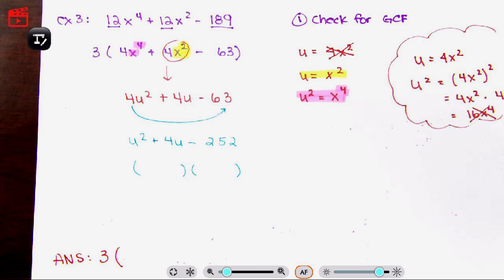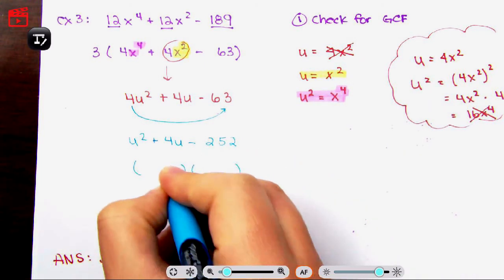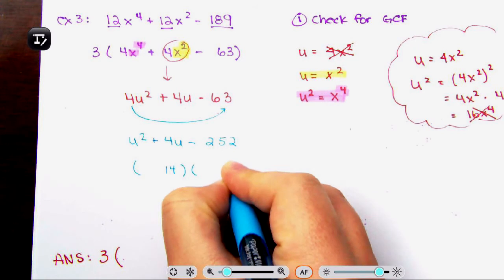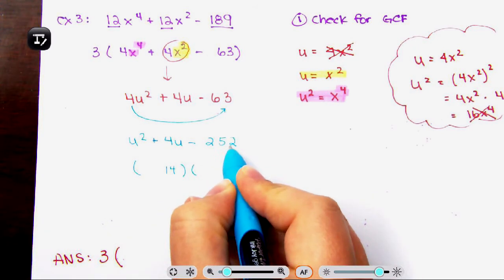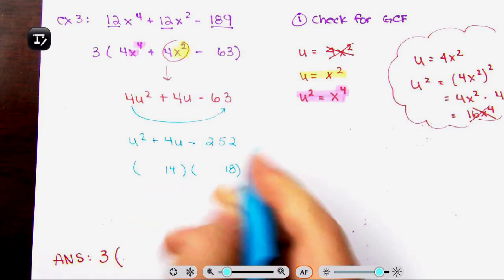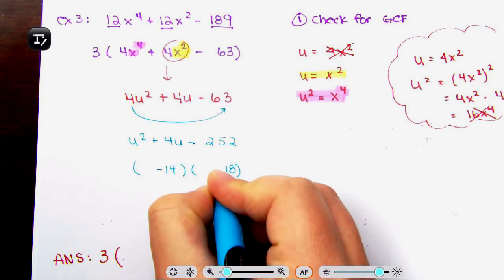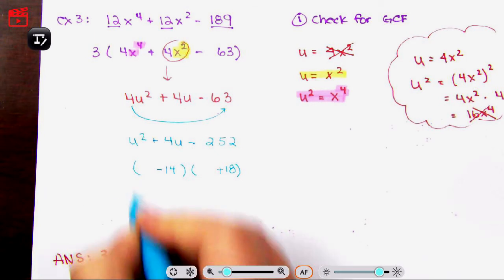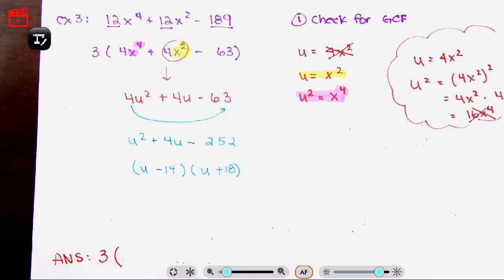I'm still looking, you guys, because I know, 14 and 18. 14 and 18 worked. So 14 times 18 is 252. So I need it to be negative. However, when I add these, I need them to be positive. That means my negative is on the 14, my positive is on the 18, and I have u and u.